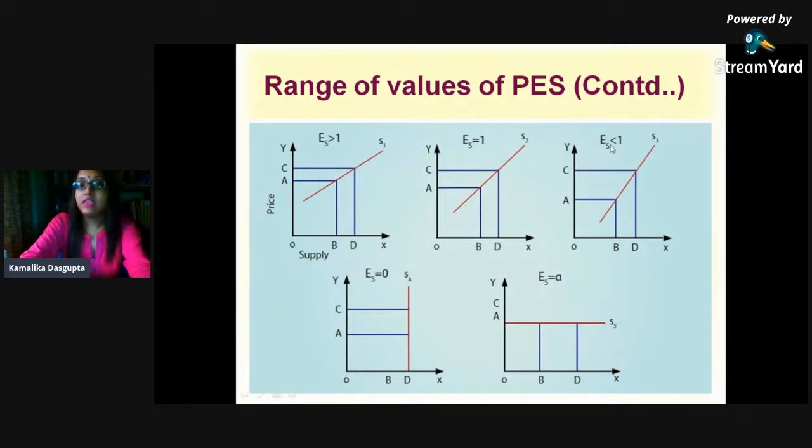And when ES is less than 1, the supply curve is relatively steeper, as you can see.